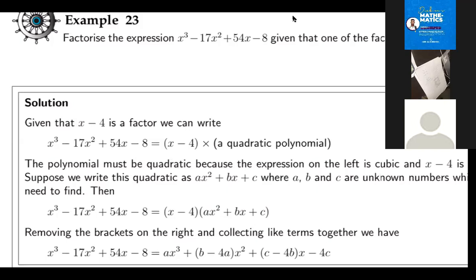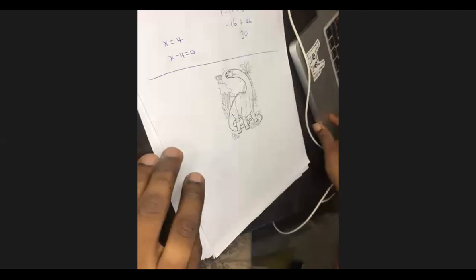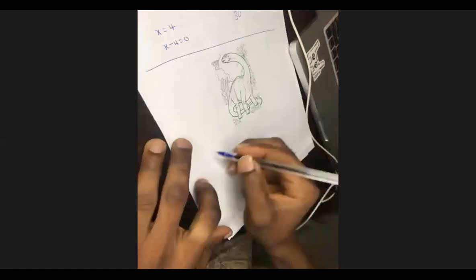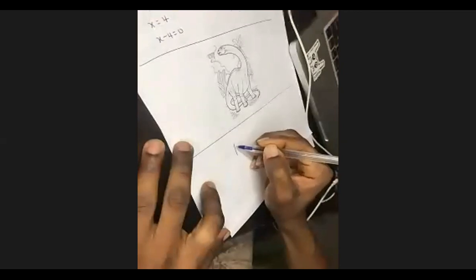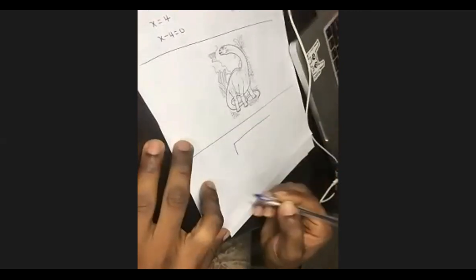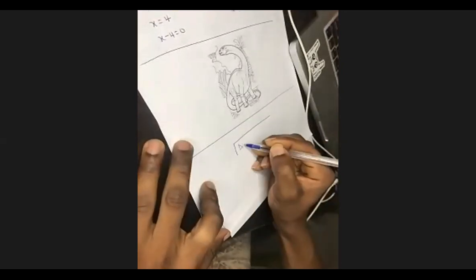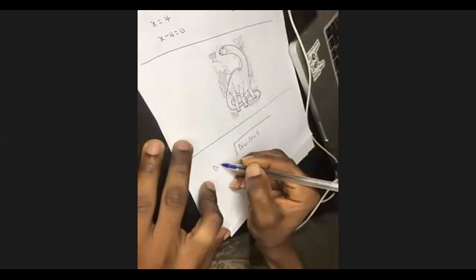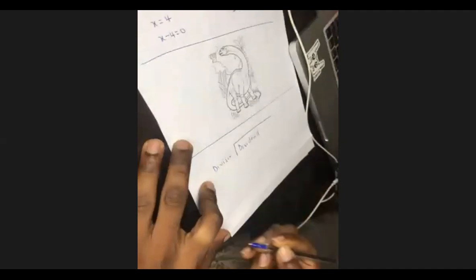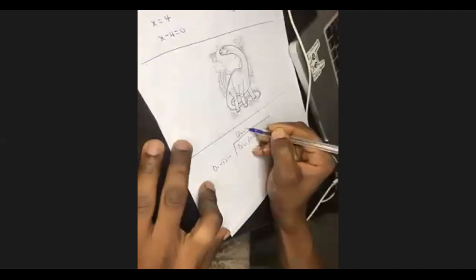Good. Now don't forget this. You realize that we have, don't mind my dinosaur. Okay, sir. Now we have the long division sign. Dividend is inside. Divisor is outside. And then quotient is here.